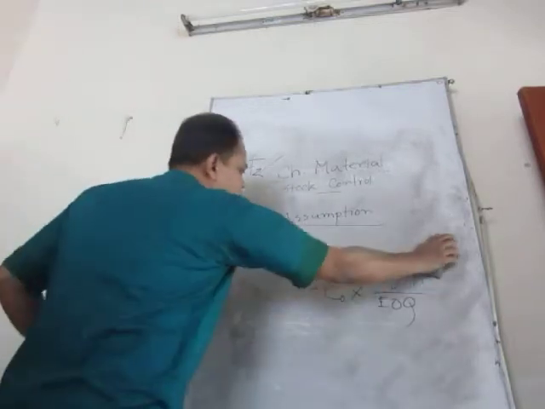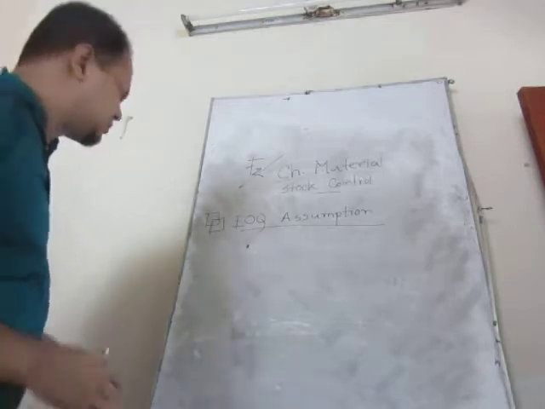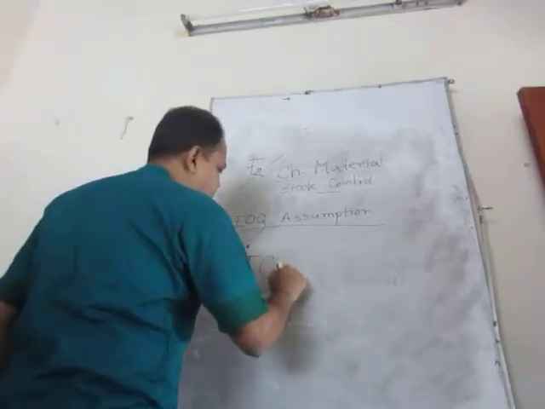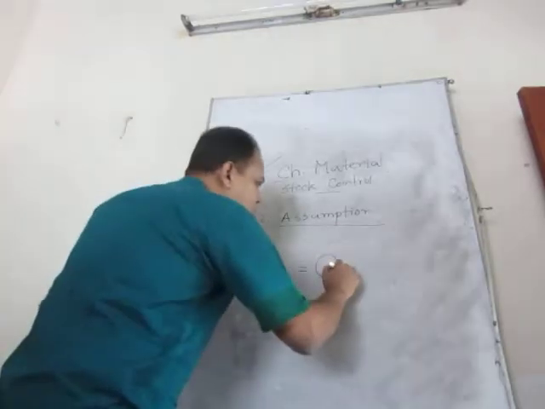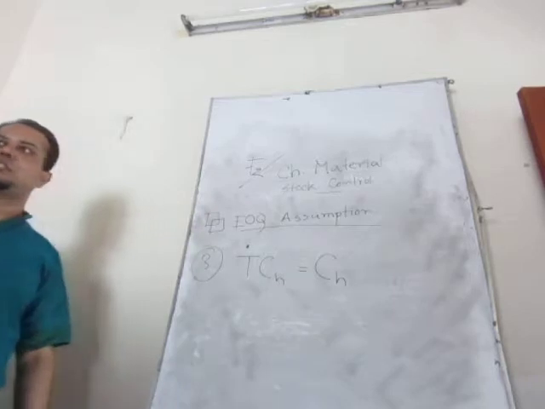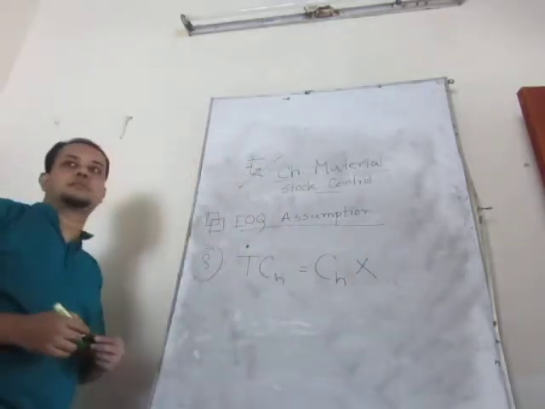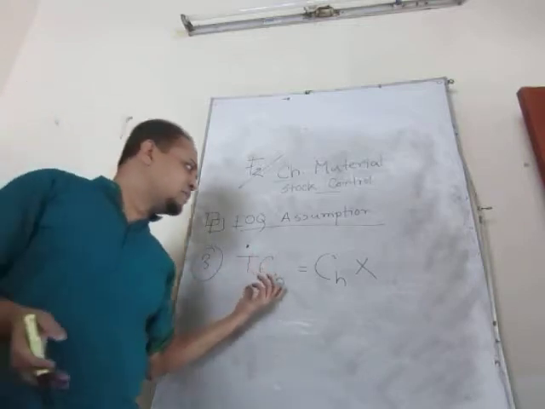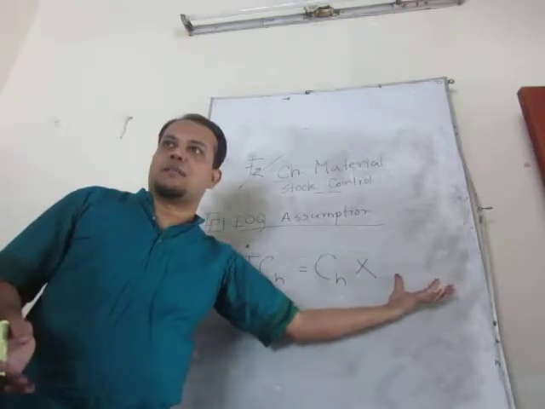Then number 3, TCH. Holding cost per unit. Here you should be focused, because in normal senses total holding cost means holding cost per unit into the total number of units held, right?